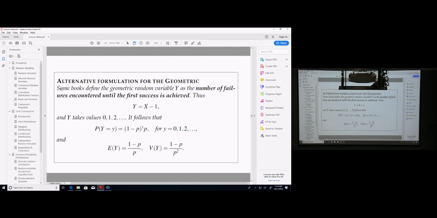Okay. So in this version, y is equal to x minus 1. Now, the telltale sign is the following. The smallest value of y here starts with 0 because 0 is realizable. You might have 0 failures and then you have the first success. Since I do not count the trial that leads to the success, I have 0 failures. So I start with 0.